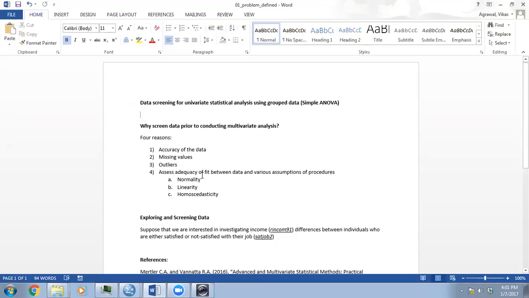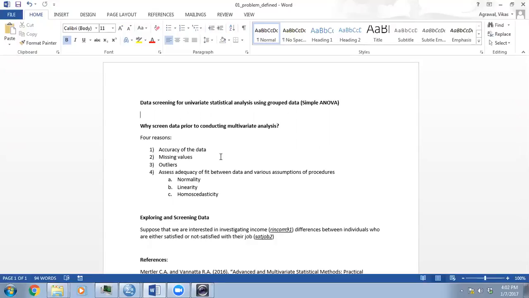So while assessing the normality, what we have to do is assess the normality of the dependent variable at every level of the independent variable. So we're going to divide the data again into people who are very satisfied versus people who are not very satisfied, and we're going to assess the normality in both the groups.